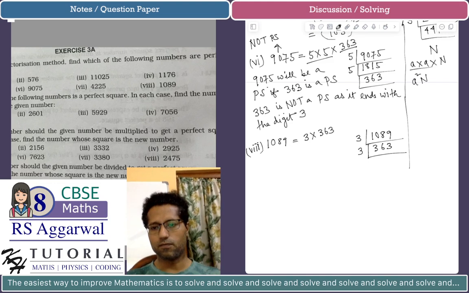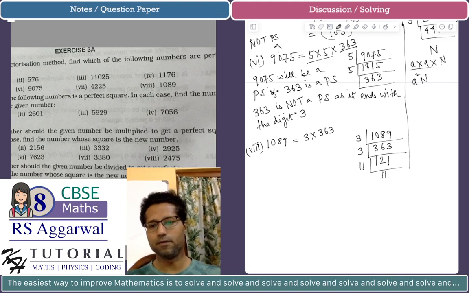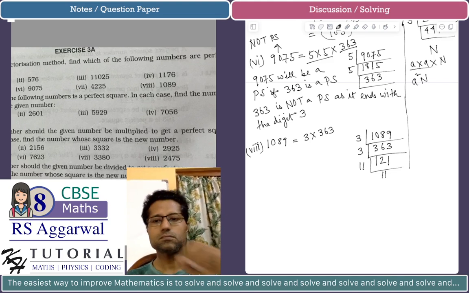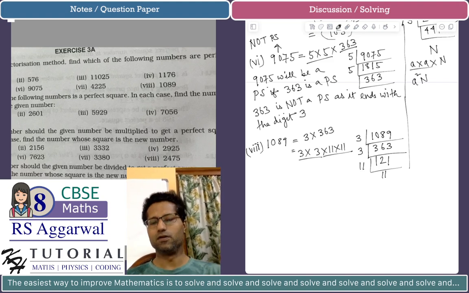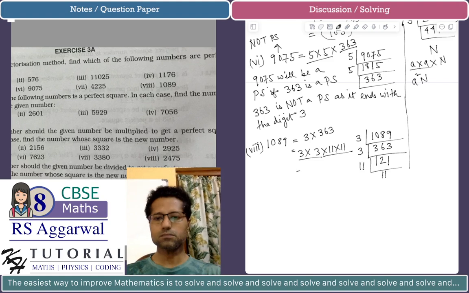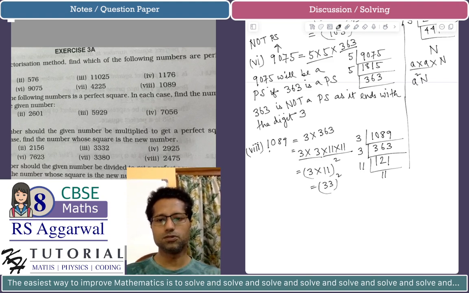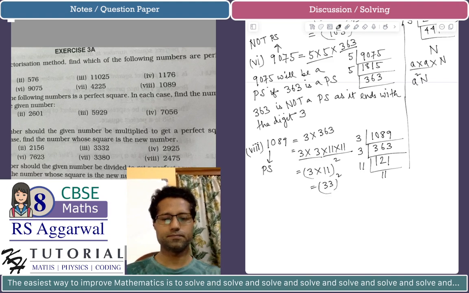This is 121, and 121 I know is 11 and 11. So we can clearly see that the prime factorization of 363 is 3 multiplied by 11 into 11. We clearly see a pair of equal factors. So this is 3 multiplied by 11 whole square, or this is 33 whole square. So this is a perfect square.